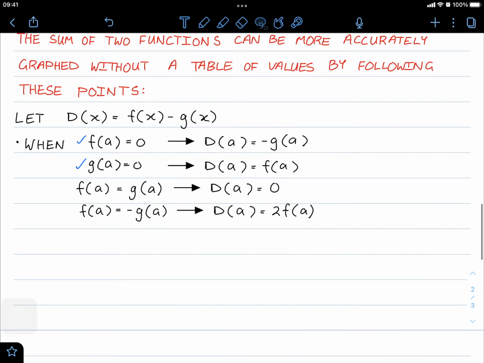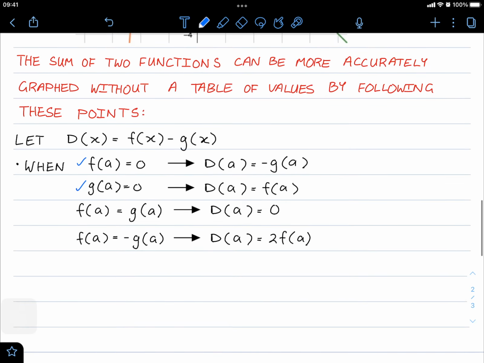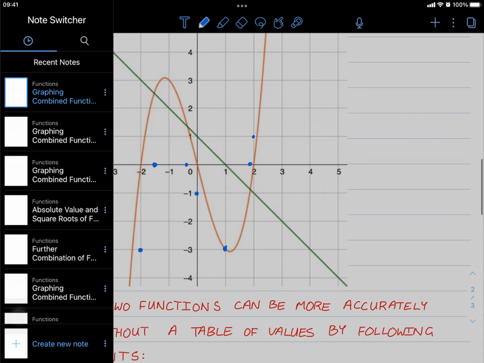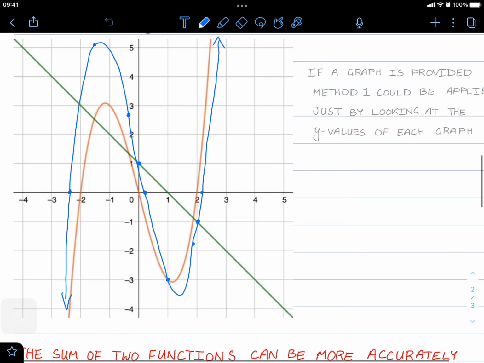And the last one now is when f is equal to the negative of g. So like in the previous one, let's take a look here. In the previous point, we found points here where this is g and this is negative g.